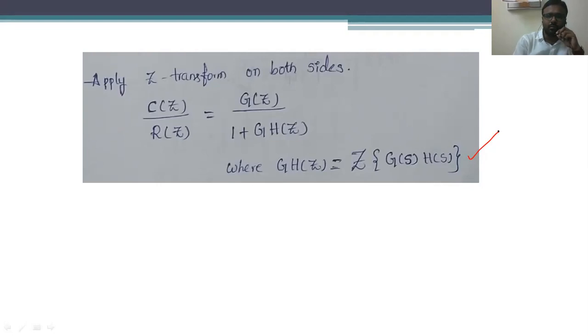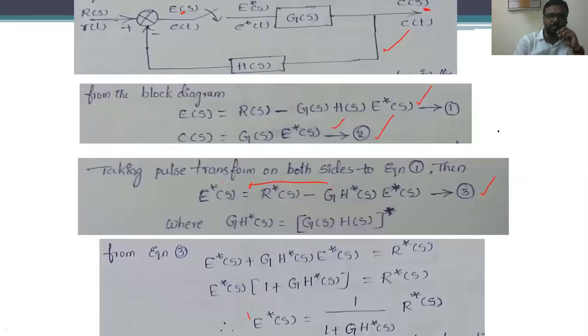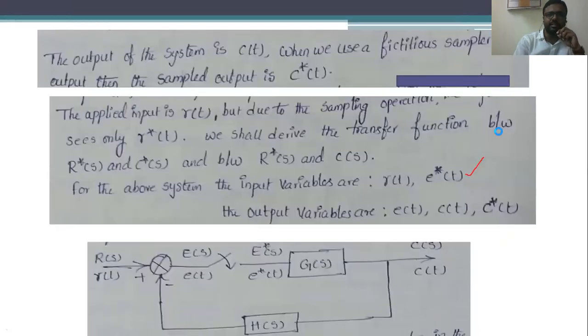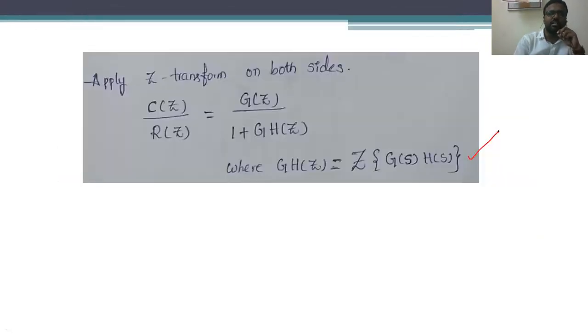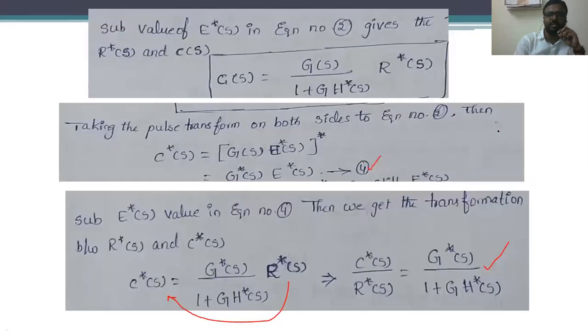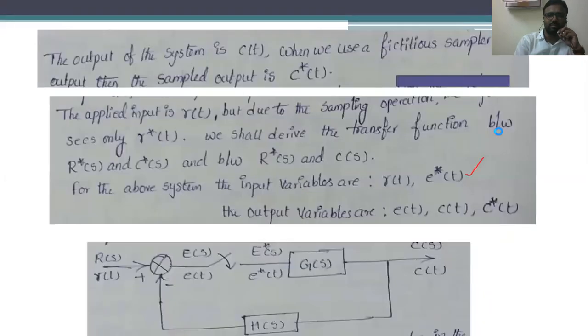Okay, so whenever they ask us to derive the pulse transfer function for this closed loop system, we have to derive this particular equation, that is C of Z divided by R of Z is equal to G of Z divided by 1 plus G into H of Z, the pulse transfer function for the closed loop system.